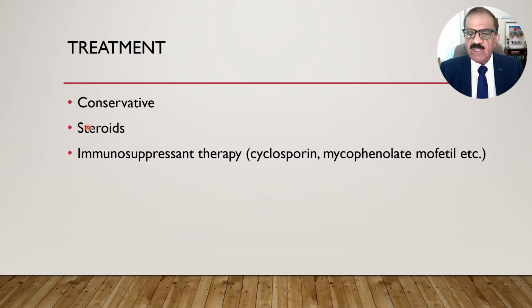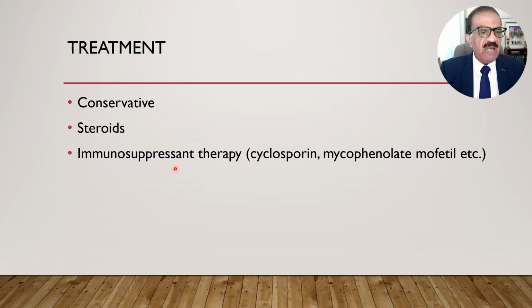Once steroids are given and the patient has shown response, we always try to take them off steroids and we give immunosuppressant therapy as steroid sparing drugs. There are various immunosuppressant therapies, many of which I'm not familiar with, but cyclosporin and mycophenolate mofetil are the commonest drugs given.